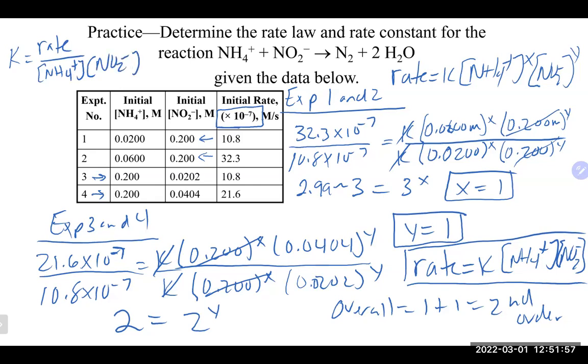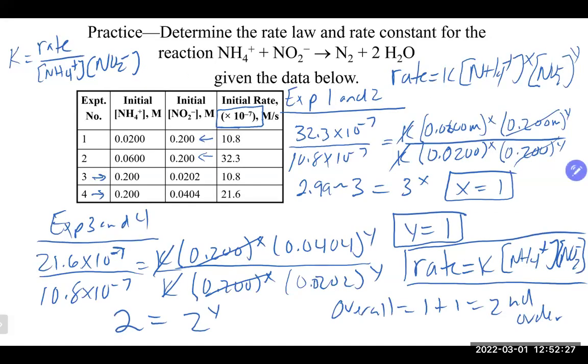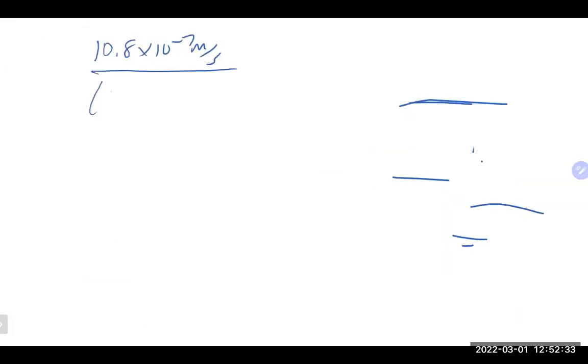Again, this would be the case where if you ignored that times 10 to the minus 7, you are obviously going to get the wrong answer, because that is really the other part. You definitely don't want to ignore it there. So that will give us 10 to the minus 8 times 10 to the minus 7 molar per second divided by 0.02 and 0.2 molar equals k.